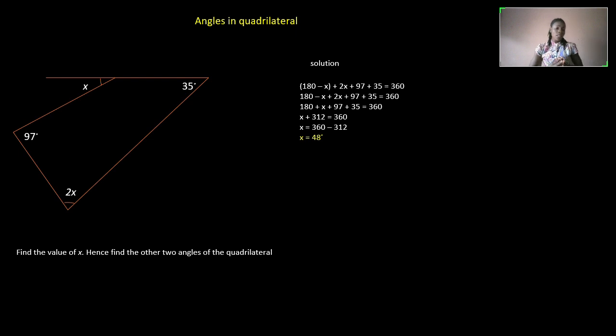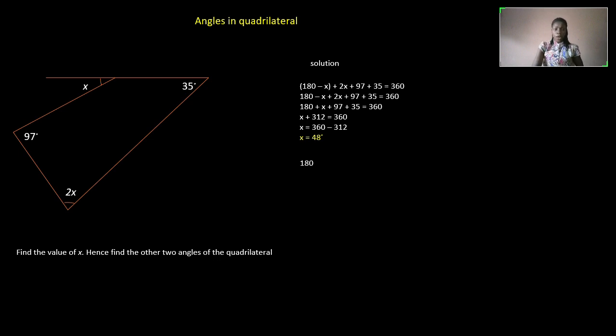Now, we have gotten the value of our x as 48. After finding the value of our x, we'll now be able to find the value of this angle. Remember, here we have 180 minus x. We'll equally be able to find the value of this angle here, that's 2x, by substituting the value of x, which is 48.